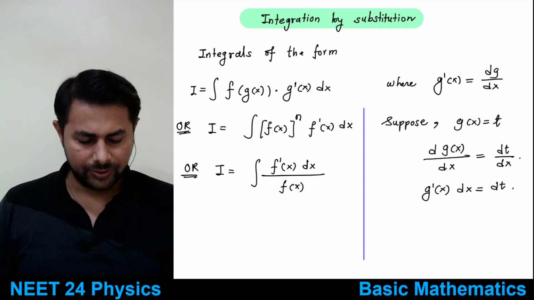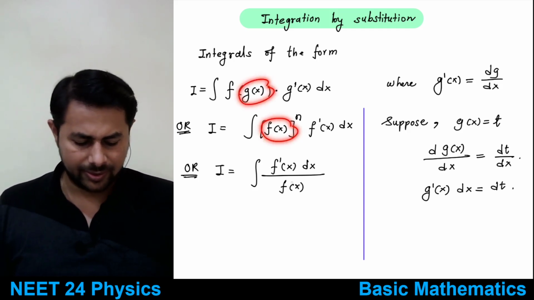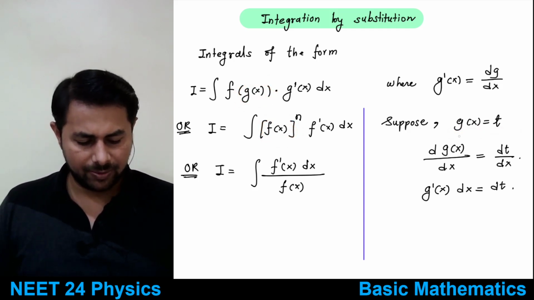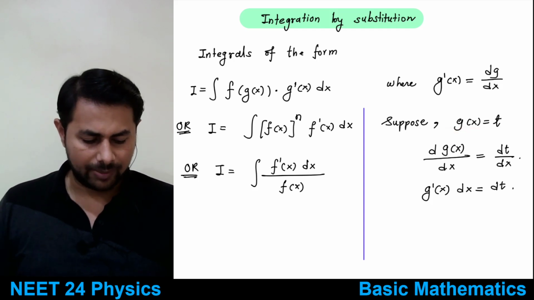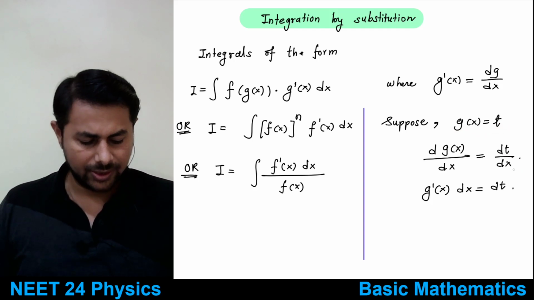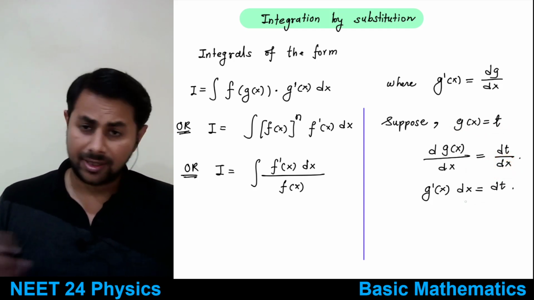Then what we'll do is we'll substitute this g of x or f of x equal to t. Then if you take the derivative of this, it will be equal to dt by dx. Therefore, if you move this dx to that side, the matter simplifies.